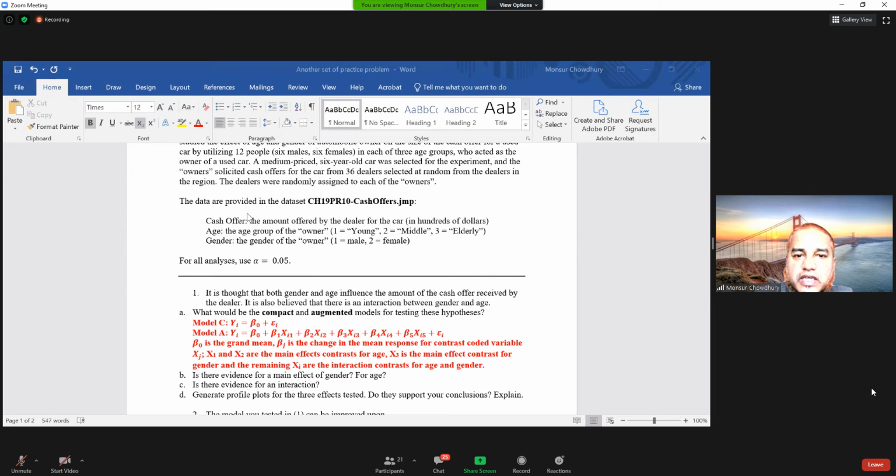So this is just a two-way ANOVA, not a contrast coded situation. Sorry, I missed that. This is a two-way ANOVA, but what we are writing is not contrast coded, because we know that whenever we have categorical predictors, we make a contrast for each of the labels.